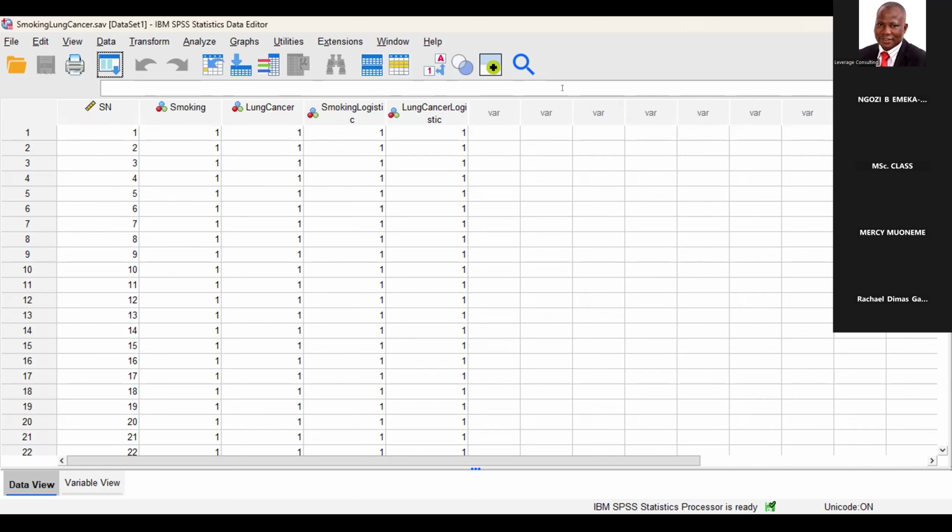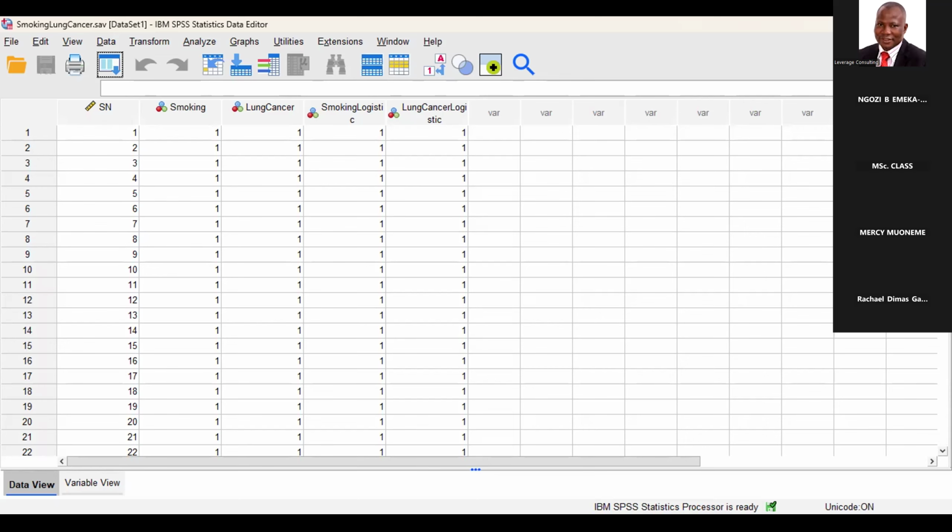So I want to sound a note of warning. Sometimes we say that when you are dealing with a dichotomous variable, you can code 1 and 2 or 1 and 0. But when you are doing this type of analysis, relative risk, odds ratio, and the other ones we're going to do later, sensitivity and specificity, under diagnostic and screening tests, you are advised to code 1 and 2, not 1 and 0.